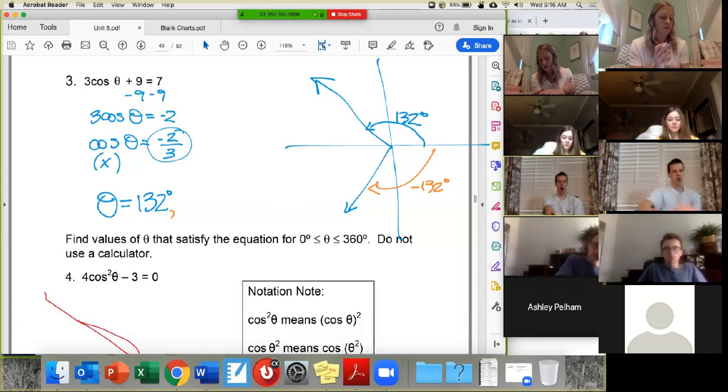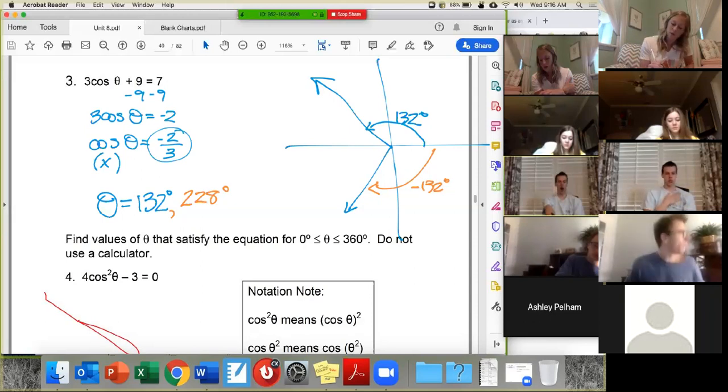So if it was me, I would either subtract from 180 to find the reference angle and then add that reference angle to 180, or I would do 132 subtracted from 360 and make my second answer 228. You're so used to dealing with reference angles that tends to be how I do them automatically.